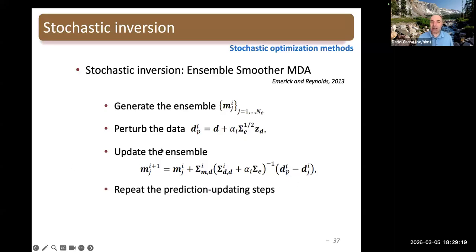Then you update the ensemble of models using the ensemble smoother multiple data assimilation technique, which is essentially this equation here with some caveats. And then you repeat this prediction and updating step several times until the response of your models matches the data that you measure.